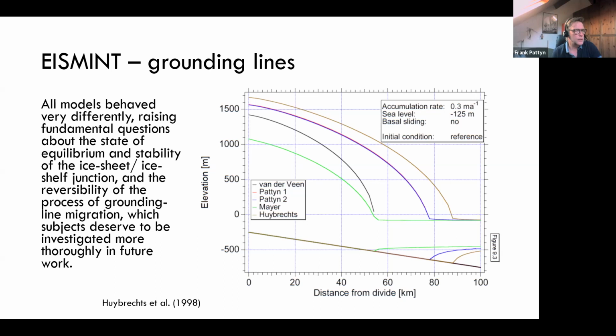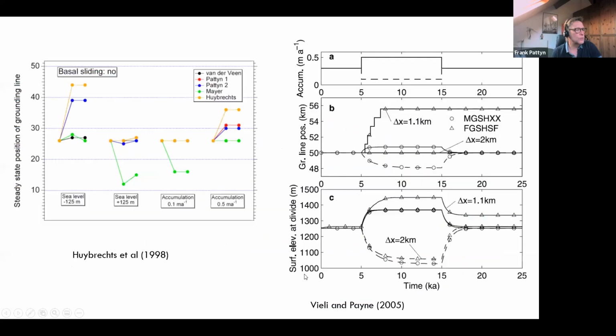So here you see the initial steady state under initial conditions that were the same for each of these models. So you see grounding line positions varying widely. And then also when you force the model either by a drop in sea level and then go back to the initial state, try to get back to the initial state, or you do a change in surface accumulation, well, you get an advance of a grounding line, but most models, they don't retreat anymore.